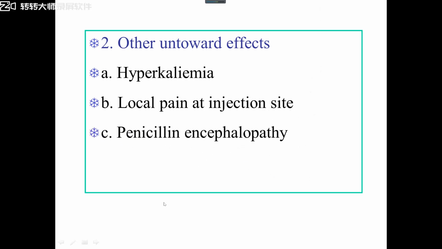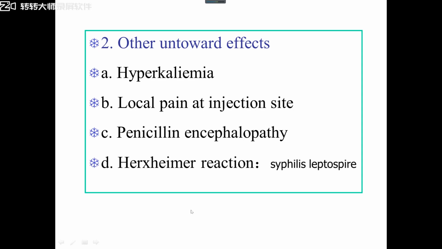And then penicillin encephalopathy, especially in elderly patients, long-term use, overdose use, maybe penicillin crosses the blood-brain barrier and induces encephalopathy. The patients are excited, with insomnia. So you should know, we give penicillin G overdose or use it for too long a time.